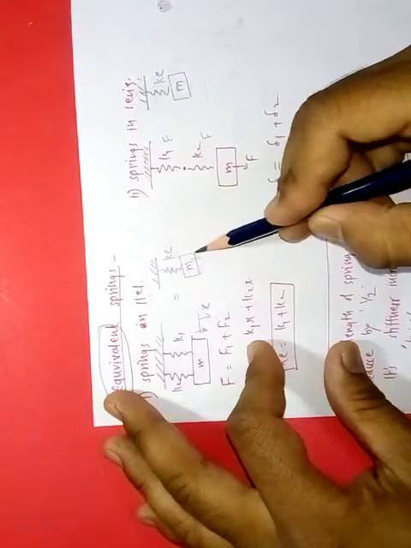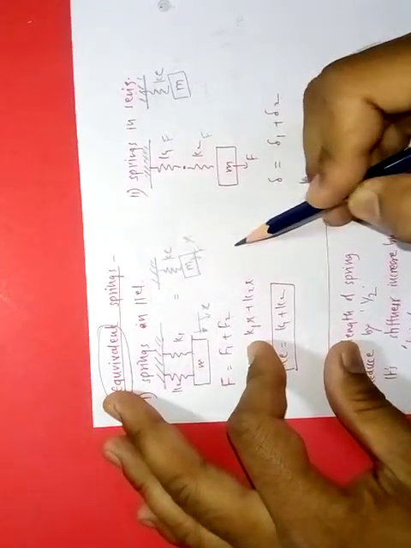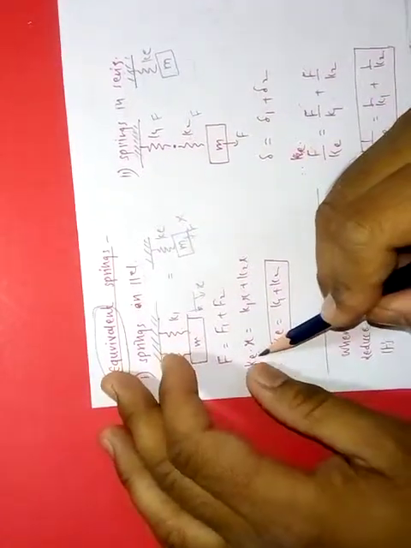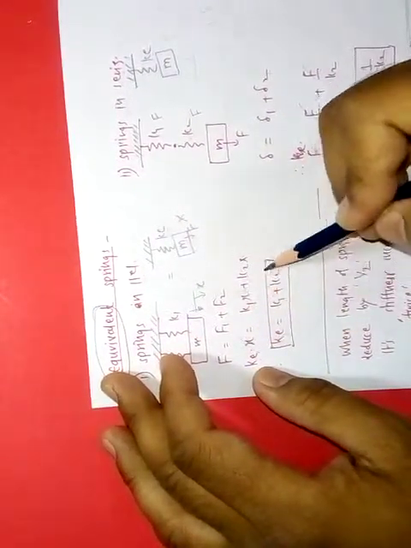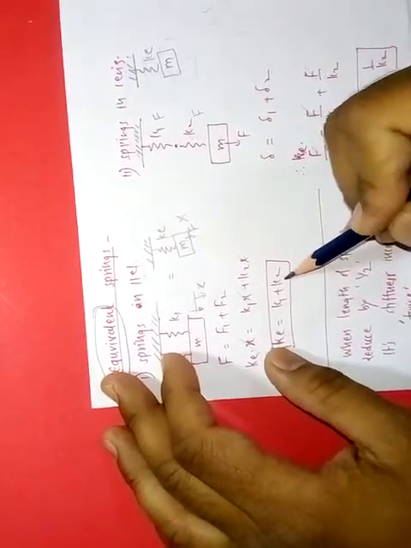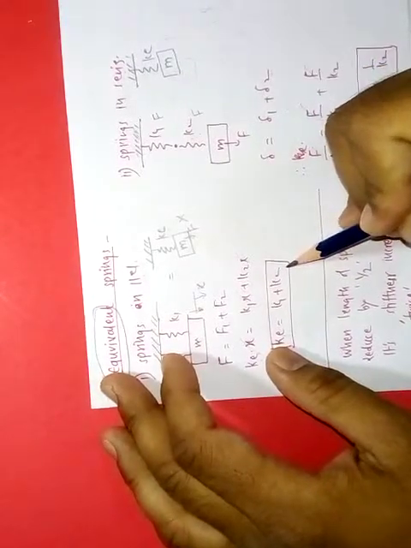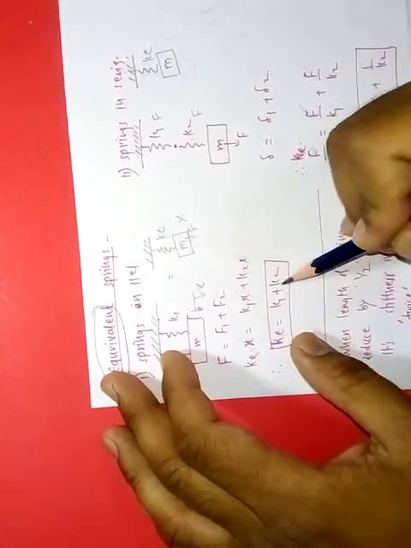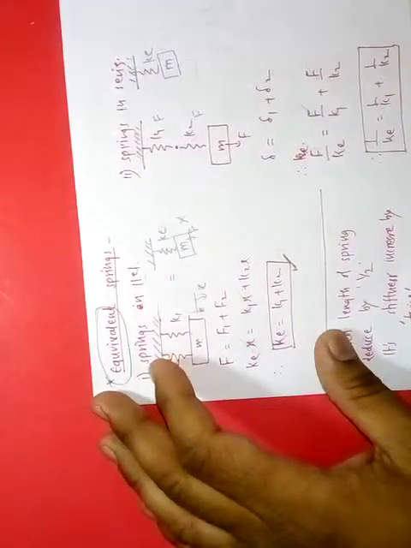We have applied the same force and there will be the same deflection. Then it will be Ke into x for the equivalent spring. Cancelling common terms, we get equivalent stiffness is equal to the sum of stiffness of each spring in the system. So Ke is equal to K1 plus K2. This is for parallel arrangement.